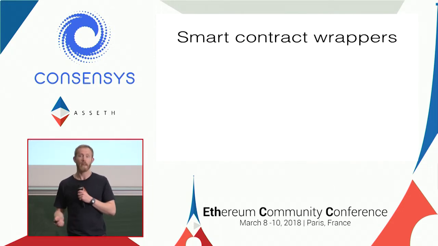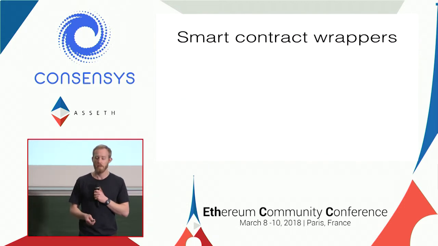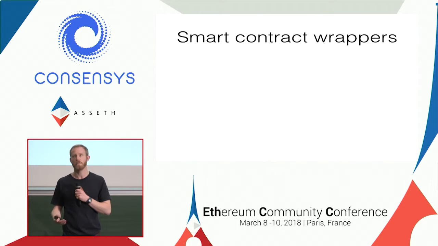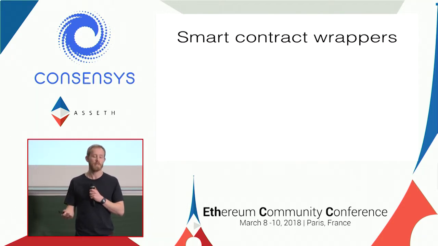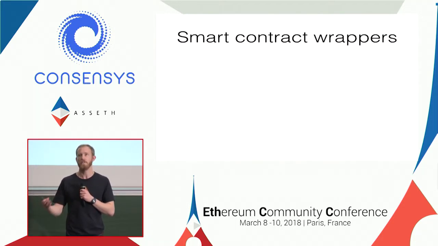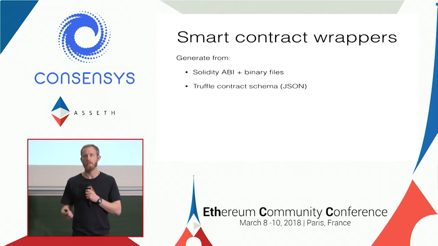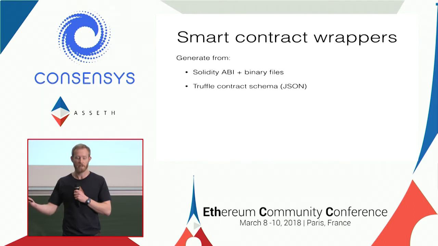But more importantly, we have the smart contract wrappers. The smart contract wrappers, these are one of the much more powerful features of web3j. You still need to work with Solidity, but at the same time, once you've written your Solidity code, you can do everything else in Java. And so with Solidity, once you compile the Solidity files, as you no doubt know, you get your ABI files, you get your binary files.